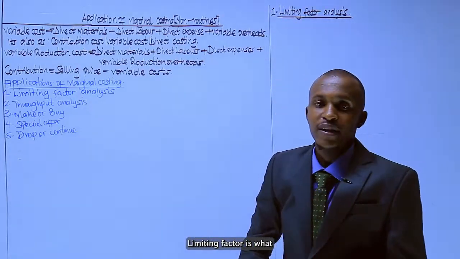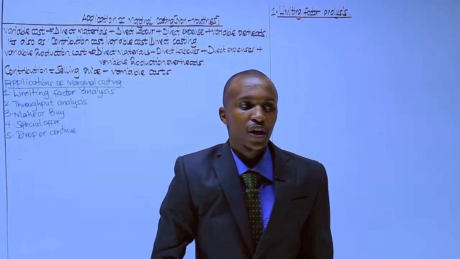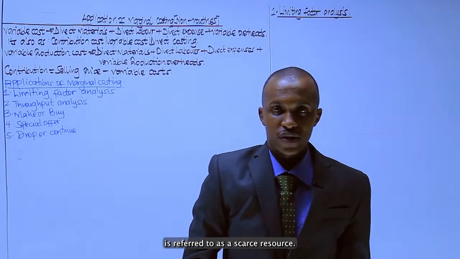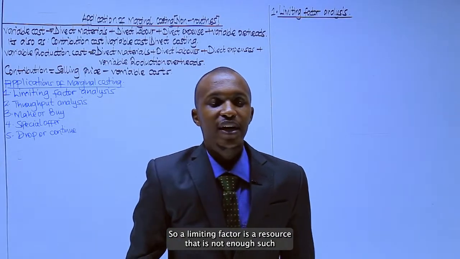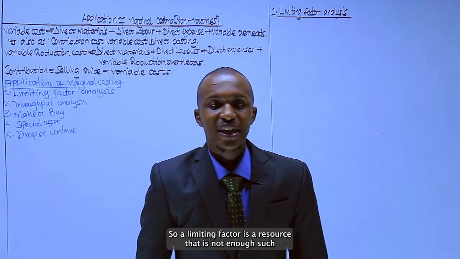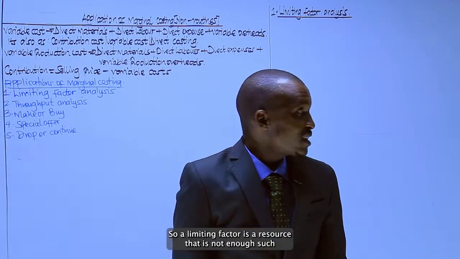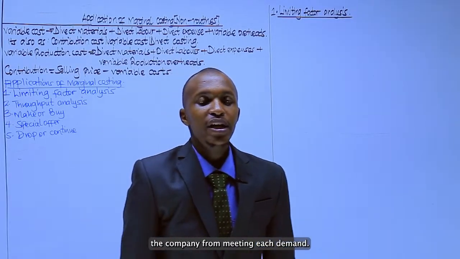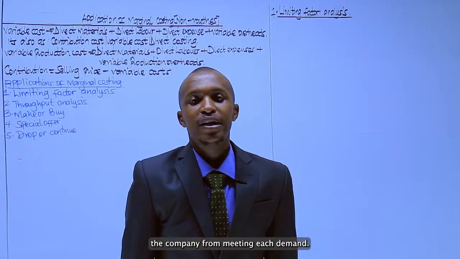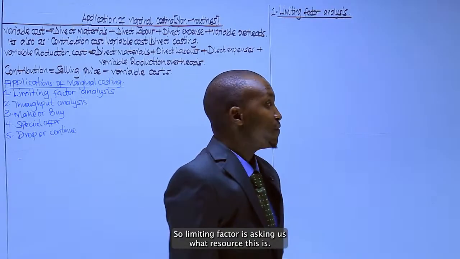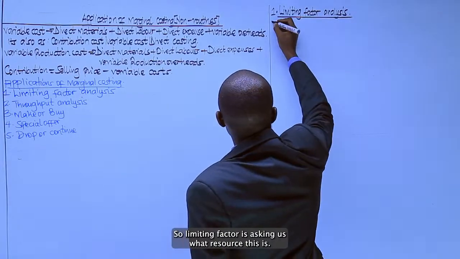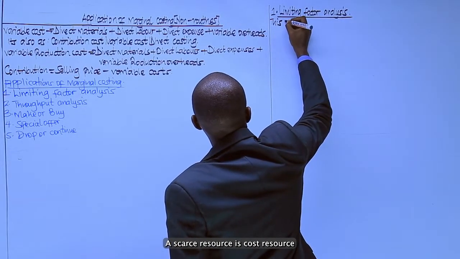Limiting factor is what is referred to as a scarce resource. So a limiting factor is a resource that is not enough, such that it will normally prevent the company from meeting its demand. This is a scarce resource.